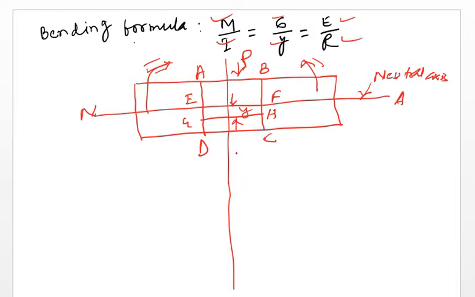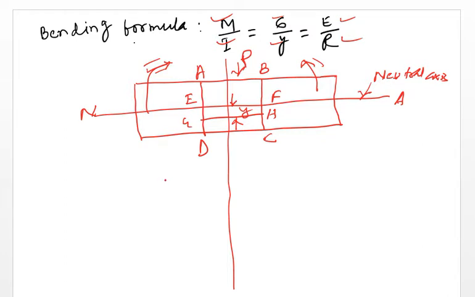So when we apply a force, this fiber, that is AB, will compress, and CD will stretch, or it will elongate, correct. So after bending, we will have the figure like this.